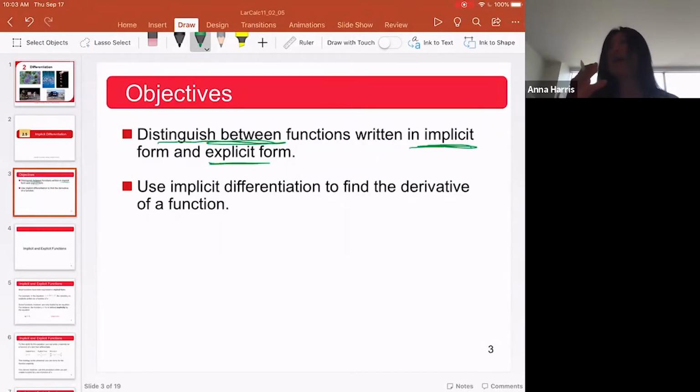We have been looking at explicit form. Everything was starting with y equal to an expression. But today we're going to learn the case where it is not explicit. In that case, it's easier to do implicit differentiation. So use implicit differentiation to find the derivative of a function.